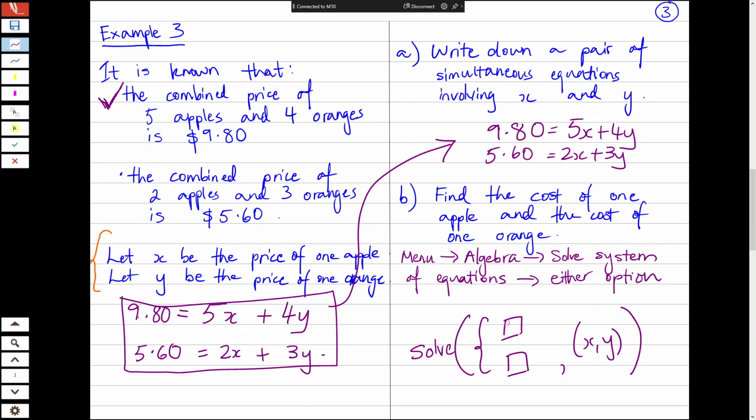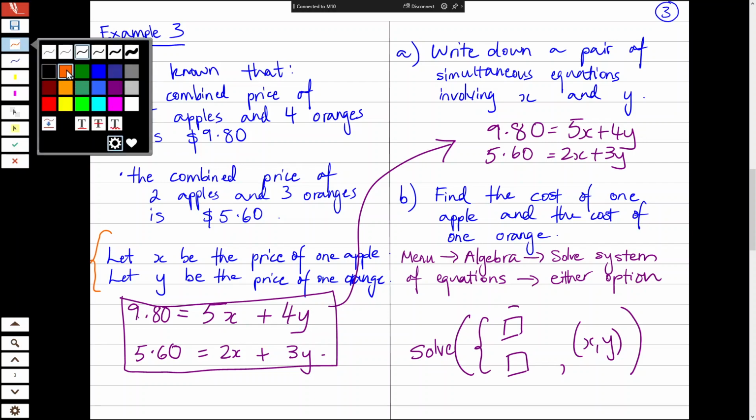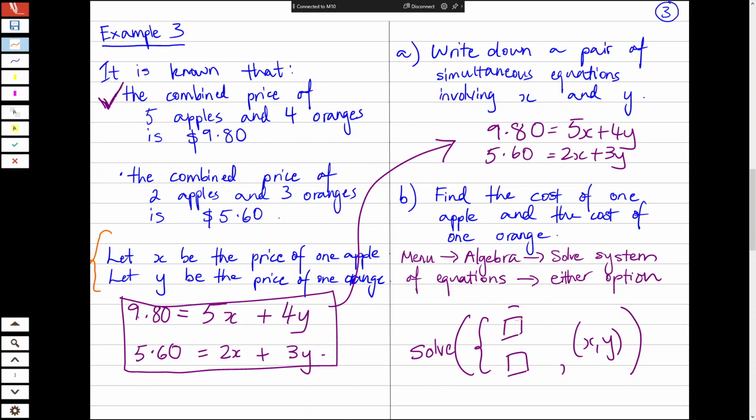So what you want to do is type the equations into those boxes. The first equation will go into the first box, the second equation into the second box. So we should say 9.8 equals 5x plus 4y, and then 5.6 equals 2x plus 3y. And once you do that, the boxes will be gone.